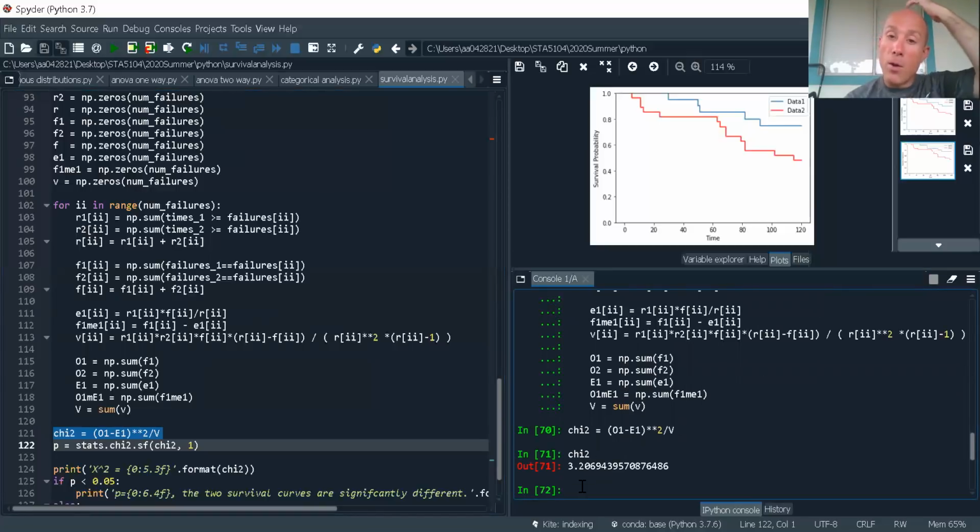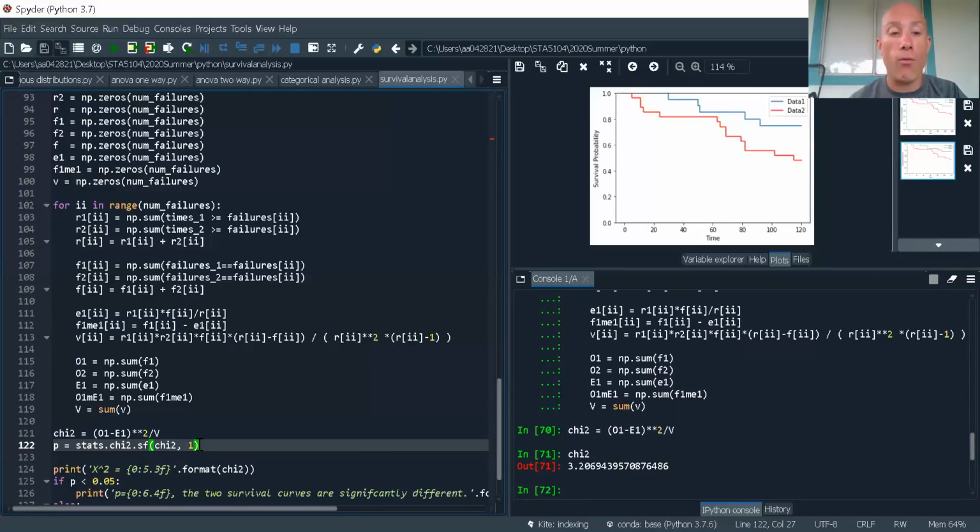All right, so the bigger the value, the more prone I am to rejecting the null hypothesis. All right, 3.2, it's kind of like a maybe, maybe not. So now let's go ahead and get our p-value. Here we have 1 degree of freedom. We've got 2 data sets, and so the number of data sets minus 1 is our degrees of freedom. So 2 minus 1 is 1.